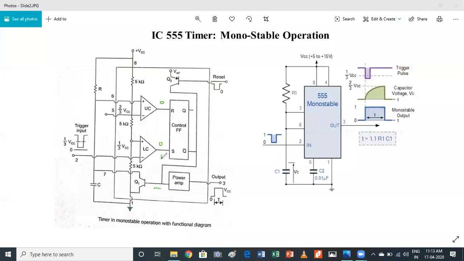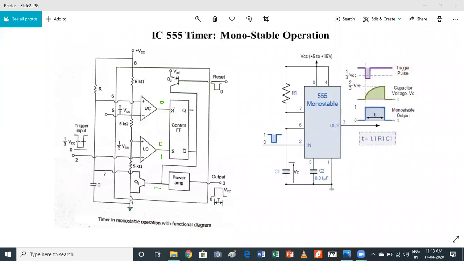So the lower comparator output becomes 1. That is, this comparator produces the logic 1. So now the control flip-flop's S input becomes 1. That is the set state.